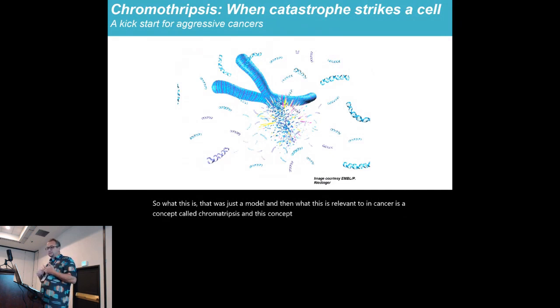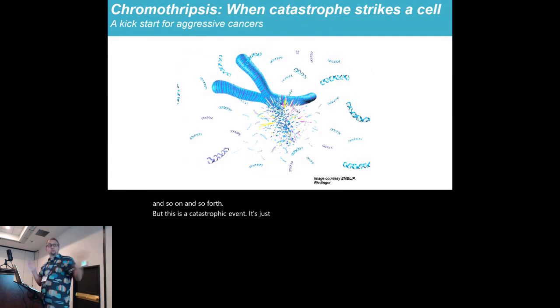This concept was not on the radar for quite some time, but maybe 6 years ago, there was a paper that did whole genome sequencing on about 3,000 different cancer genomes and said that this weird rearrangement called chromothripsis, which we were estimating at 1 to 2%, is actually 20 to 30% of cancers, right? So all of a sudden there was a lot of interest, and the ecDNA people followed up, and so on and so forth. But this is a catastrophic event.